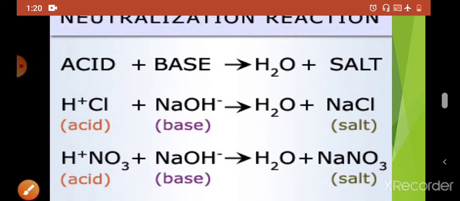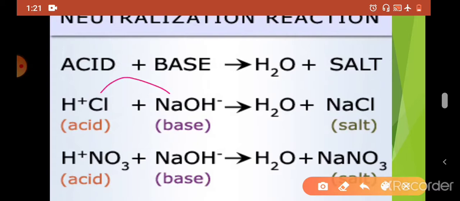To make it more clear, in the first reaction, Na combines with Cl and H combines with OH. Basically this is a double displacement reaction. Also all these types of reactions are exothermic. If you touch the reaction vessel, you will feel that some heat is liberated from the reaction, so it will become a little warm. So these are double displacement reactions, also called neutralization reactions.